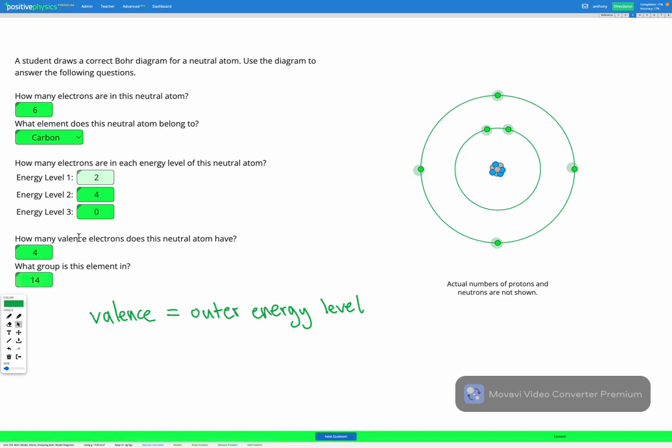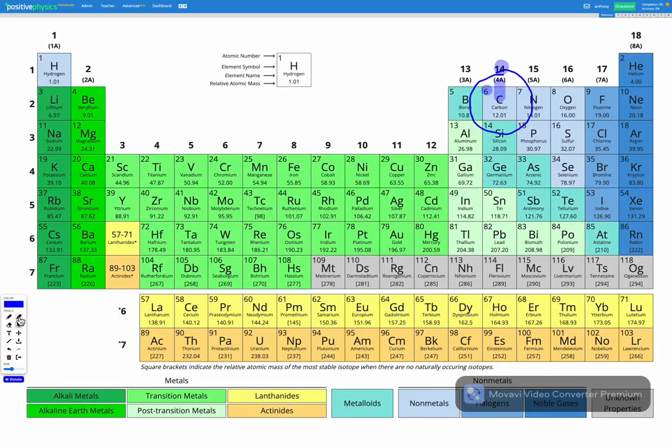But also, the valence electrons and the group are related. So if we have 4 valence electrons, we know it's going to be group 14. It's a little confusing that it's not 4. The reason why, if we go back to our periodic table, is that with this new modern numbering system we're using, it goes 1, 2, and then all of these transition metal elements in the middle are numbers 3 through 12.